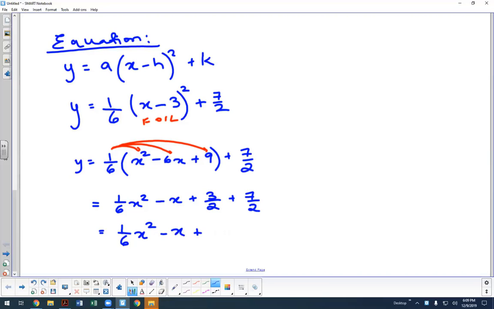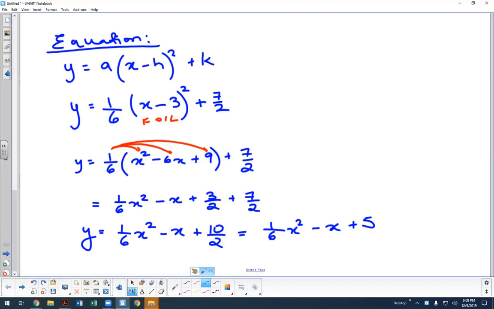What will that be? 10 divided by 2. 1/6 x squared minus x plus 5.